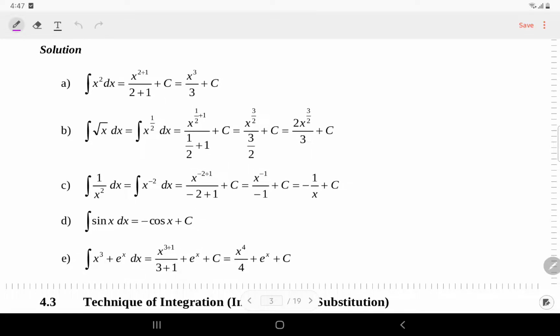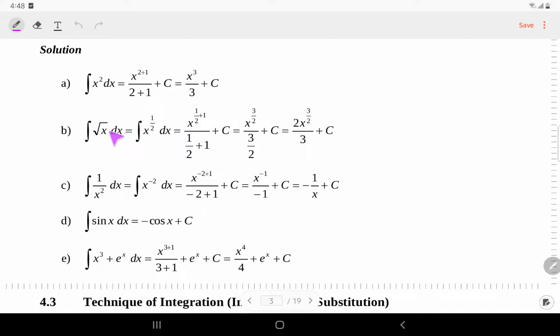If we integrate x square, the concept is the power mesti plus with 1: x power of 2 plus 1 divide by 2 plus 1 plus c. Don't forget we need to add the constant. So we'll get x power of 3 divide by 3 plus constant. That's the final answer.